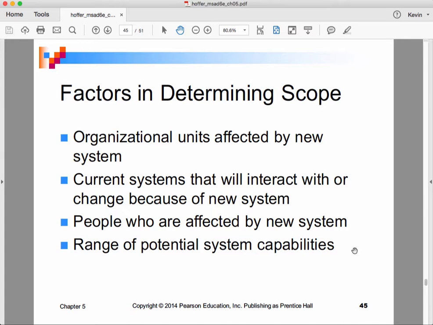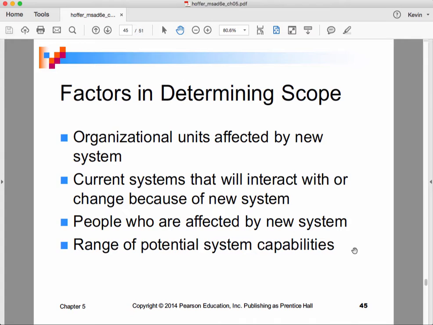So what happens is that at a certain point, either you get too many competing interests to come to consensus about what the scope should be, or you just get so much work that it can't be finished in some kind of a useful time period.